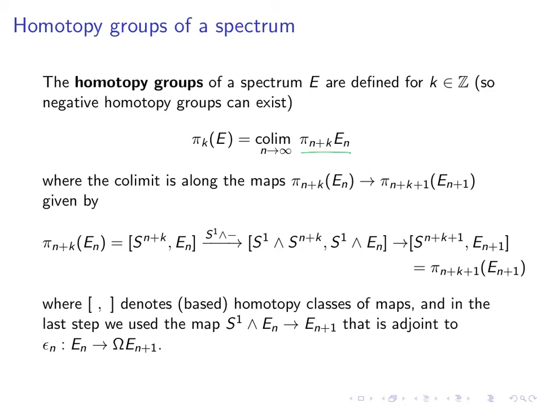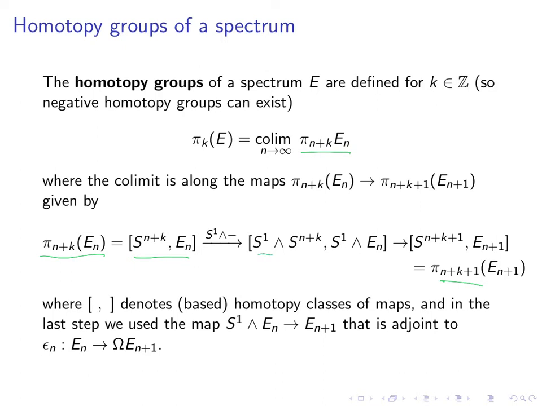Here's what the maps from the n plus k homotopy group of En to the n plus k plus 1 homotopy group of En plus 1 are. So a homotopy group is the homotopy classes of maps from the sphere to En. Then you apply the suspension functor.